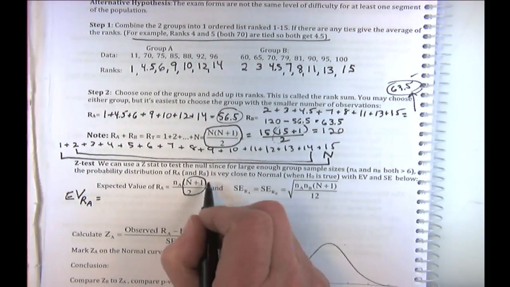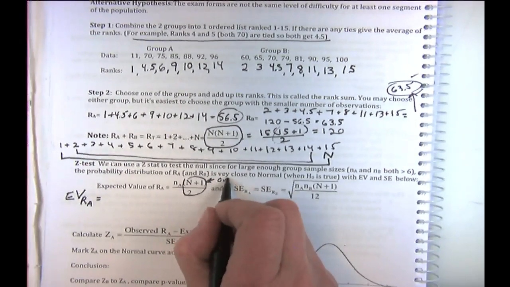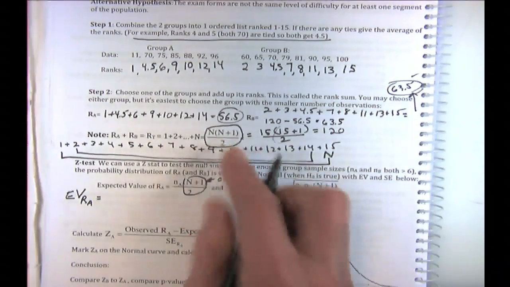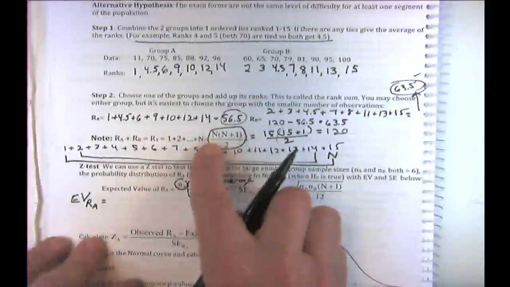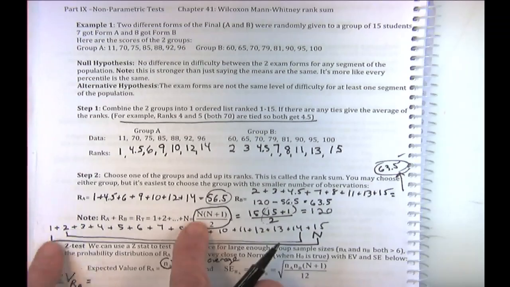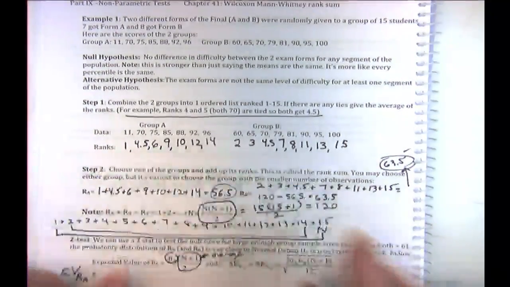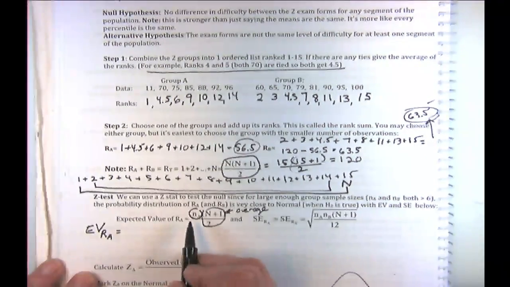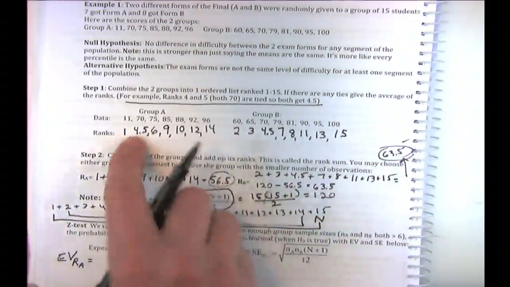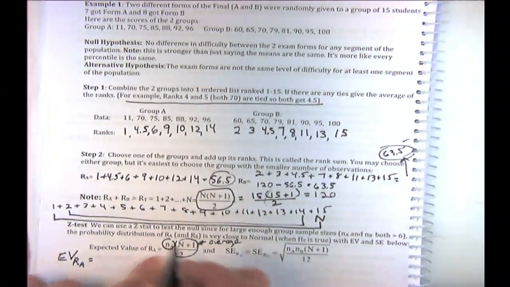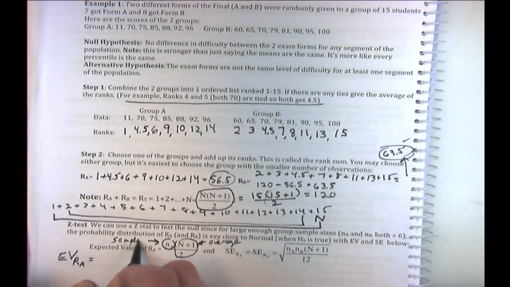So this is the average, because we're talking about the numbers from 1 all the way through 15, but here we're only talking about 7 numbers. And they're not 1 through 7, they're 1 through 15. So you'd expect the average, and then you just multiply by the sample size. So that's the expected value.